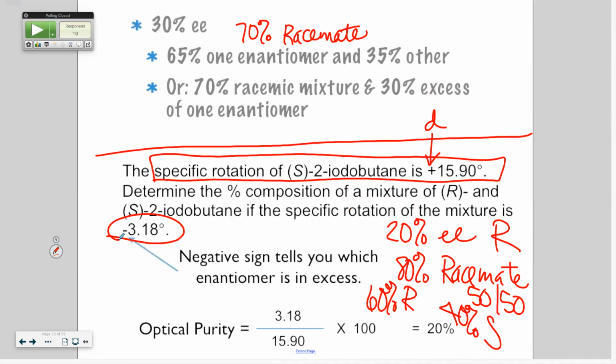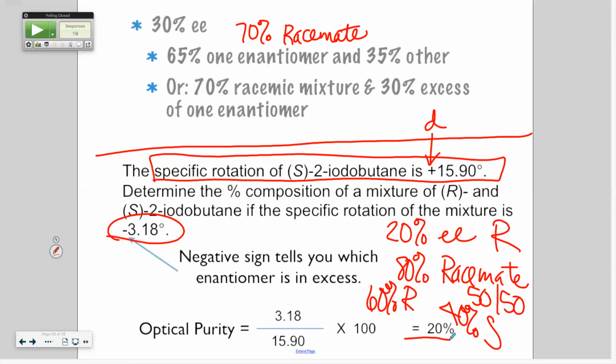So that means that we made one enantiomer in excess over the other, okay? This is how you figure out what that percent is. You take that number divided by the actual specific rotation that you probably looked up in a book, okay? So you take that number divided by that number times 100, and that gives you the 20%.